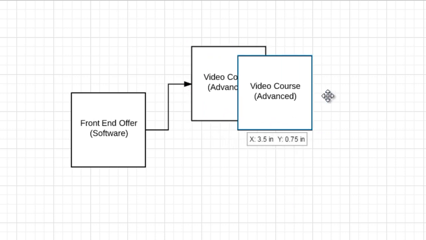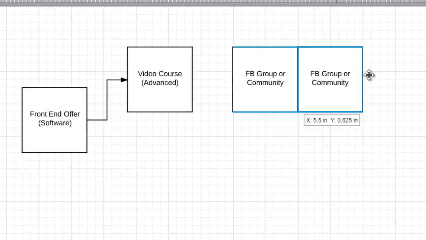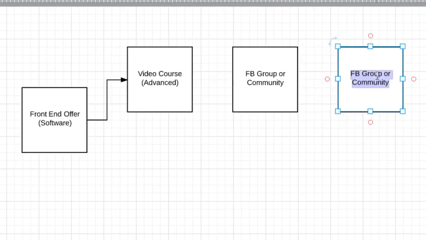And then maybe you can have like a Facebook group or some community. So Facebook group or community. And then of course, maybe we have like one-on-one coaching. So price wise, maybe this one's like $497.